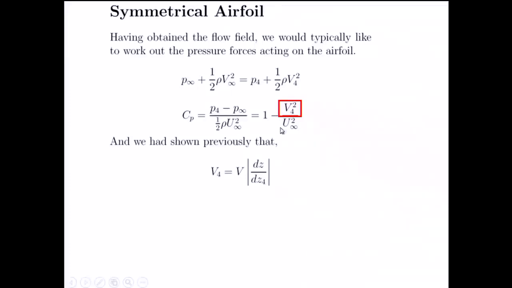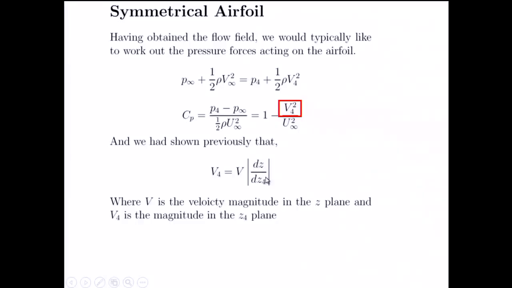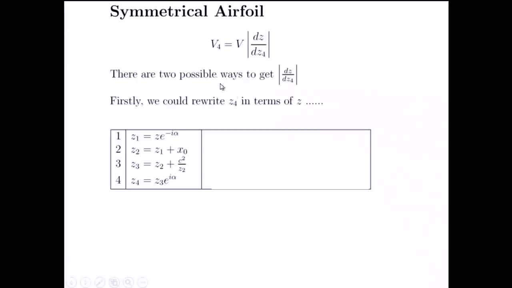We have shown previously that V4, which is the velocity in the transformed plane, equals the velocity magnitude in the original plane times this multiplying factor, dz/dz4. In this case, we have gone through a few more transformations than what we did before. We did 4 transformations in total: rotation, bodily shift, Joukowsky transformation, and finally rotating everything back to its original place. One way to do this is to keep substituting one equation into another.